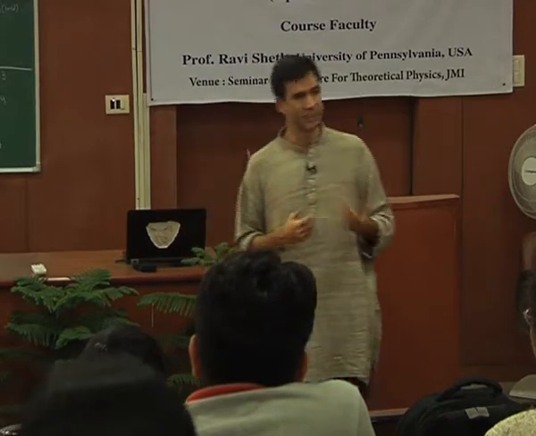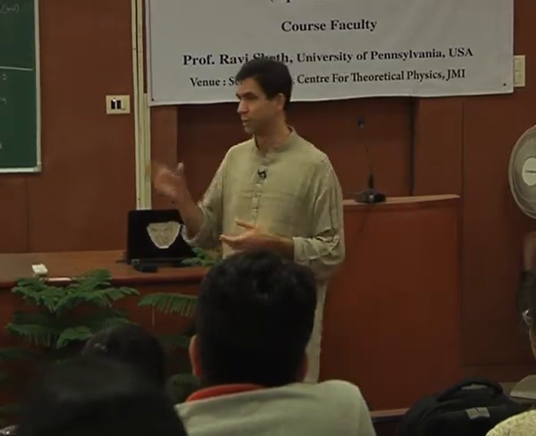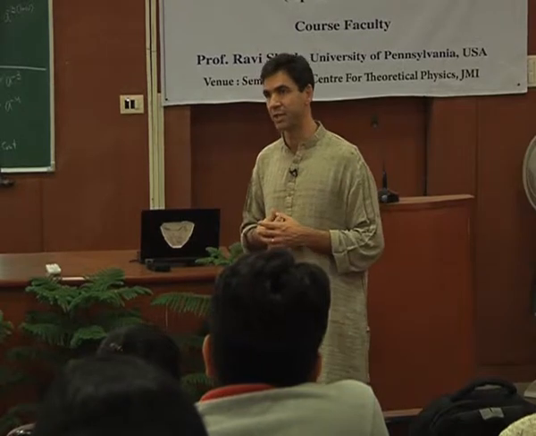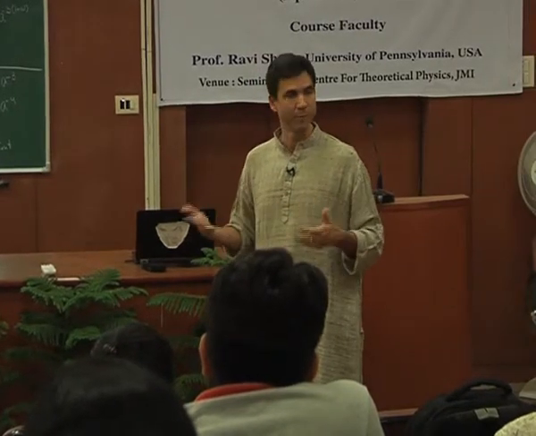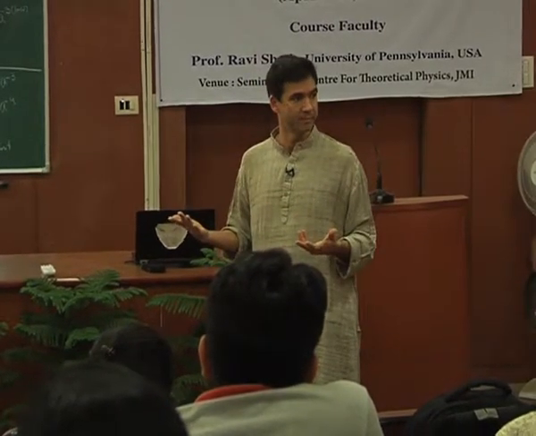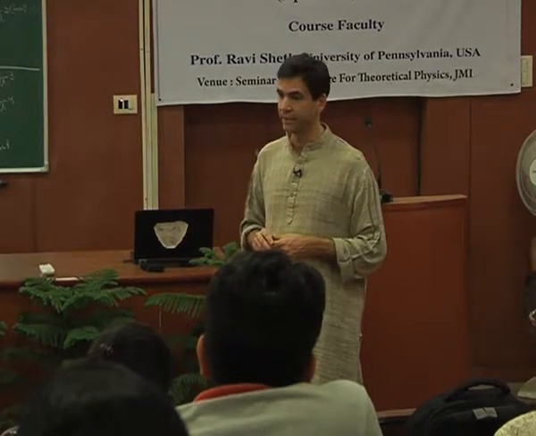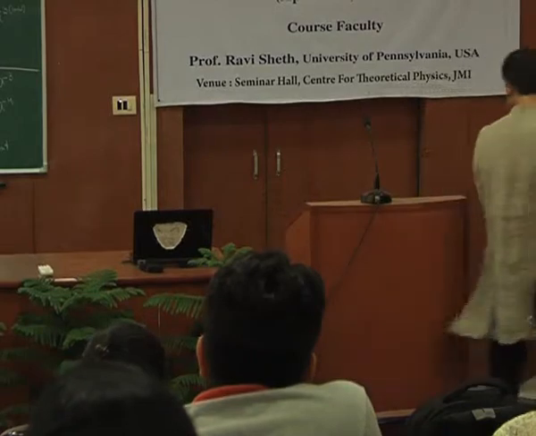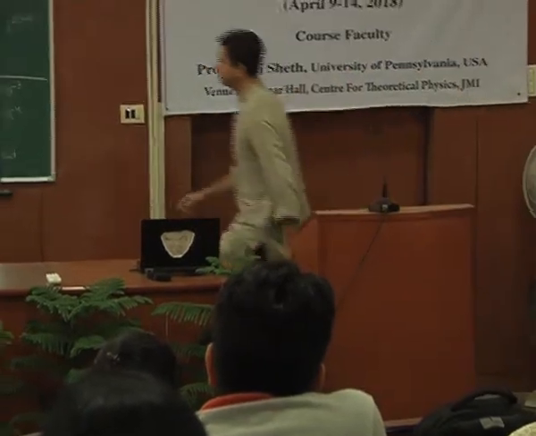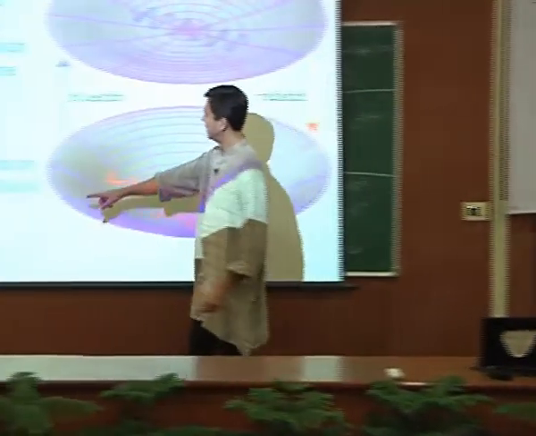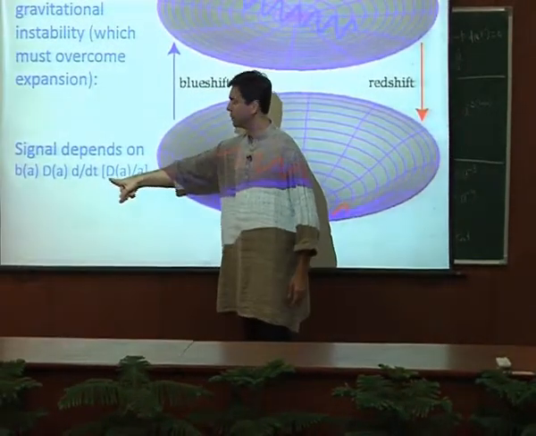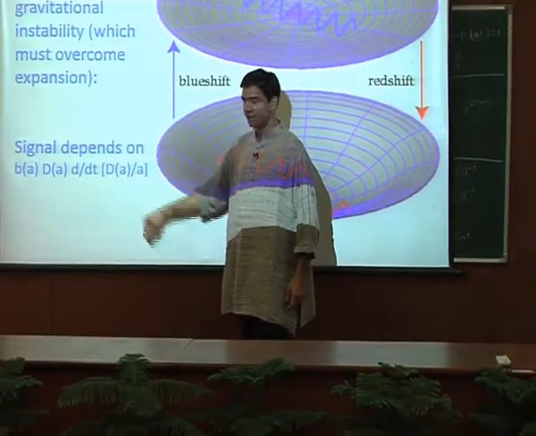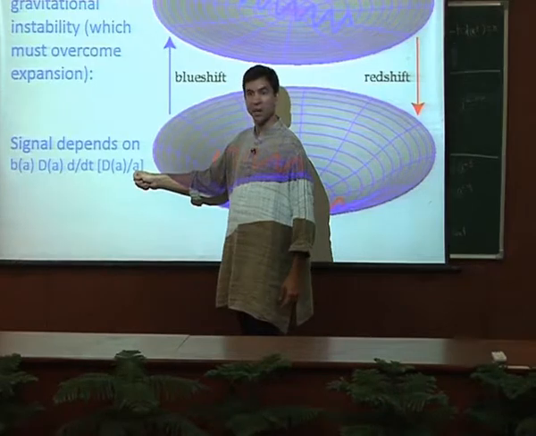One of the things that we'll do tomorrow, that Anjan will do, is the linear theory calculation of how the potentials evolve in linear theory. And he will find that the evolution because of gravity will be some function of a, and the stretching because of the expansion is a.